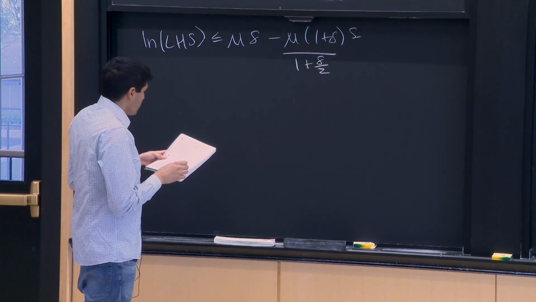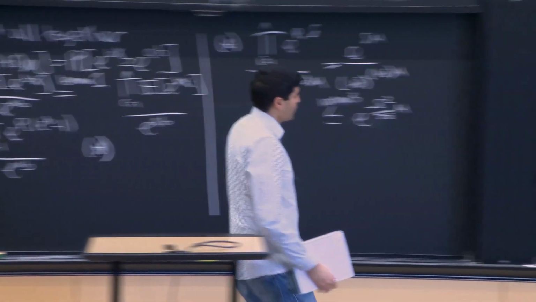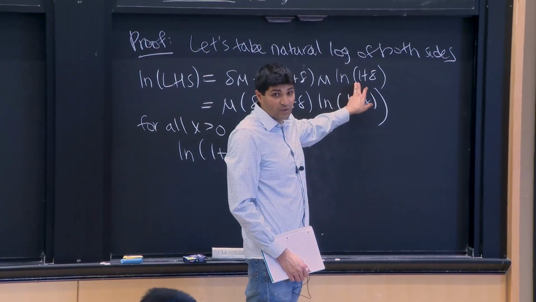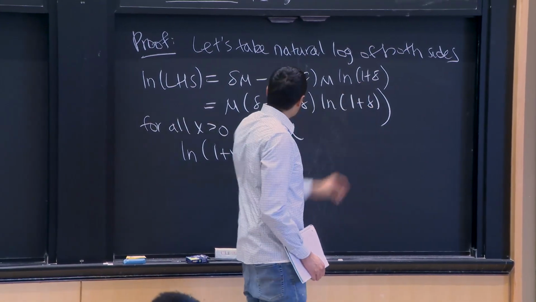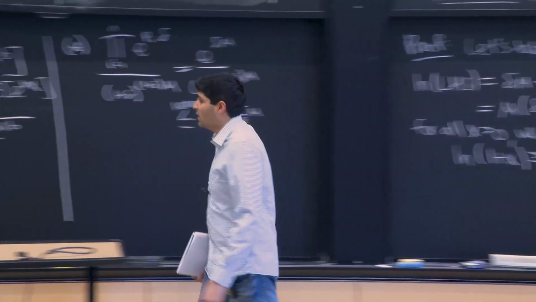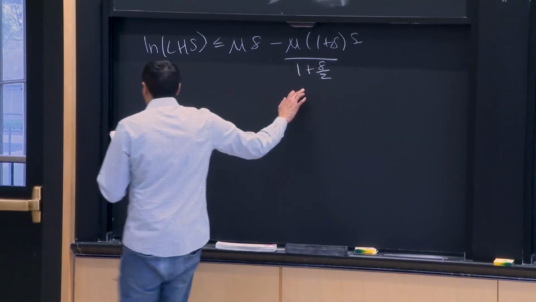So you can see what's going on here is that I'm just plugging in this natural log of 1 plus x in order to get rid of this term right here, right? Because I'm replacing this with delta over 1 plus delta over 2. And then I'll get exactly this expression that I've written down right here.